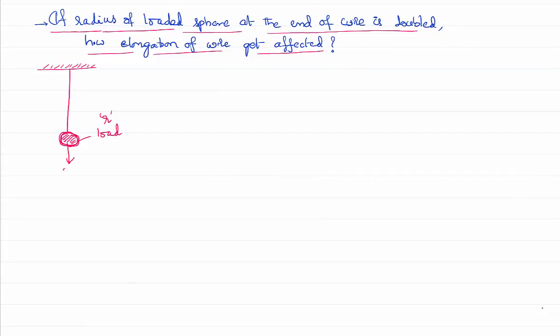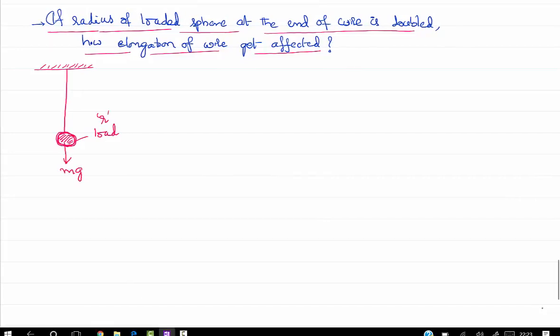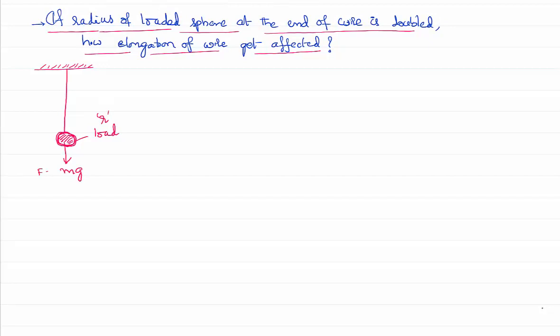This sphere must have some mass, so its weight is going to act in a downward direction, acting like a force on the wire, where the wire has a length L and area of cross section A. As there is a force acting on the wire, it shall expand, and we are supposed to calculate how much that expansion is.